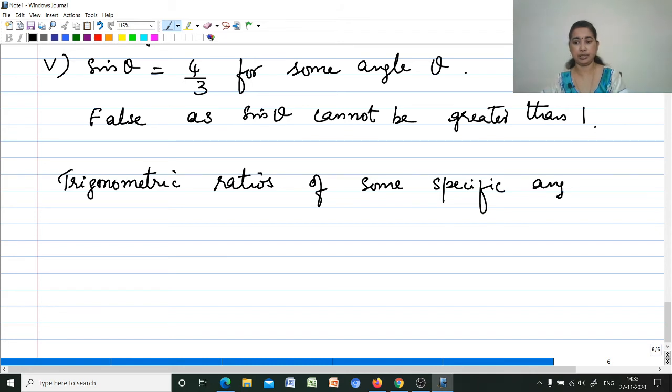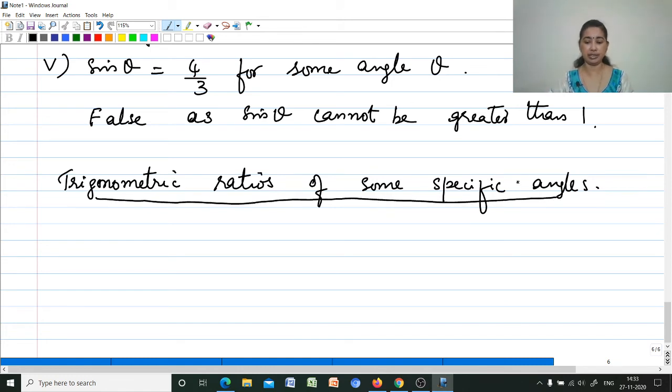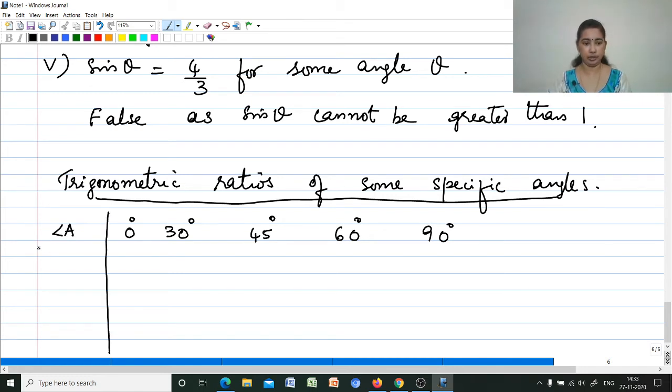Specific angles. So what are the trigonometric ratios of some specific angles? We have to study here for 0 degree, 30 degree, 45 degree, then 60 degree and 90 degree. So the angle here is angle A. And here, what is the sine of angle A?